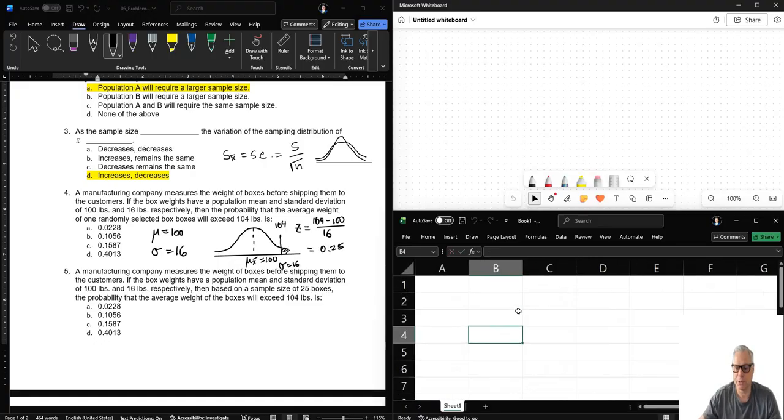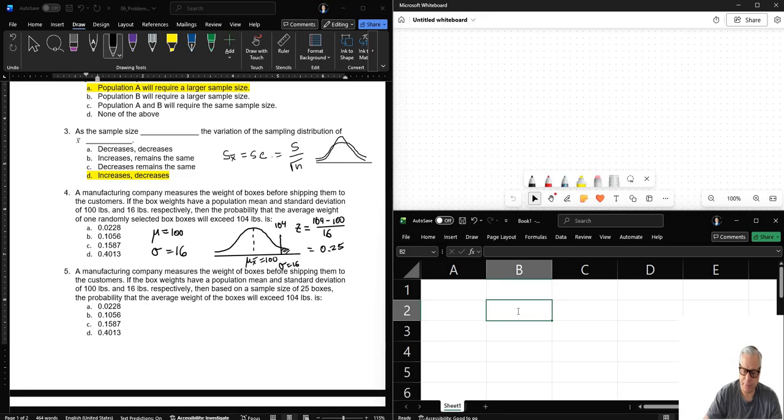Maybe I can zoom in a little bit. In order to find the area to the right of the z-score of 0.25, let me do that here.